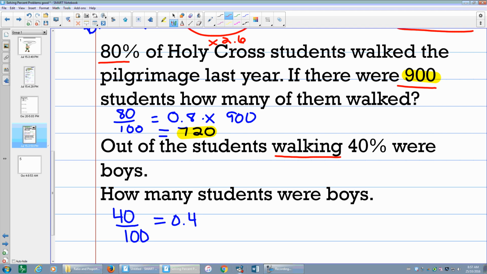So I take 0.4 and I multiply that by 720. Remember, brackets mean multiplication. That means the exact same thing. And I have here that there were actually 288 boys who walked the pilgrimage last year.